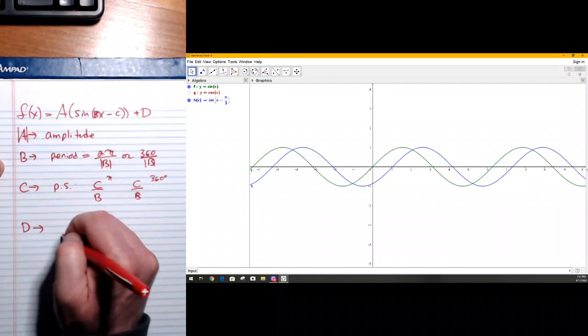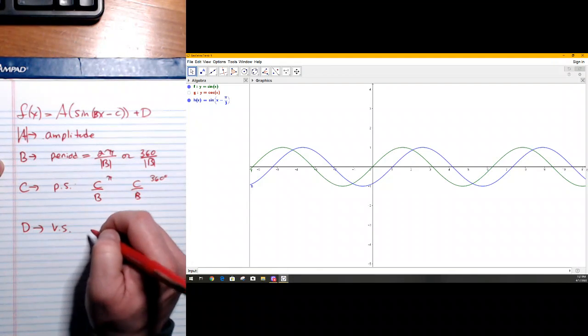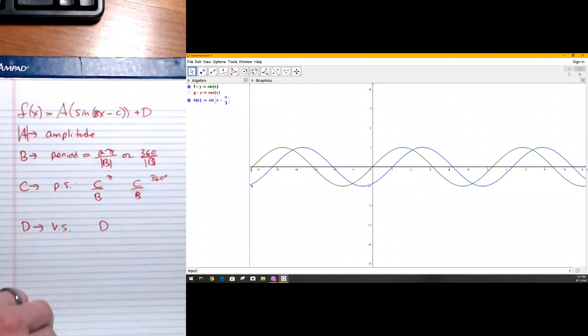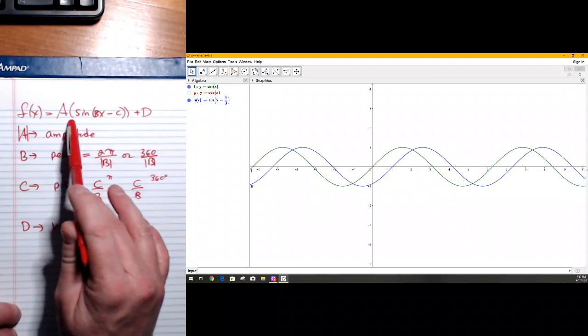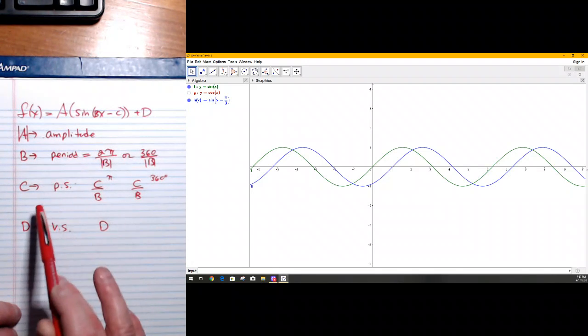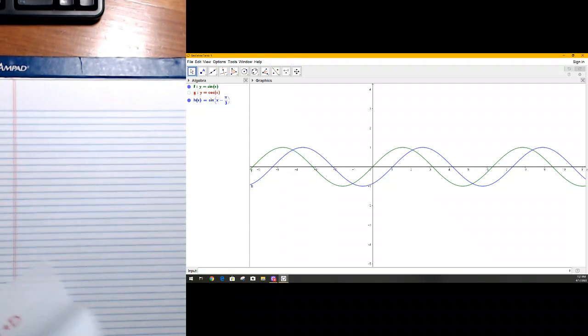D represents our vertical shift. And that's just going to be our value of D. That's easy to pick out. Okay, so you want to look at this, and you want to be able to look at this equation and find your amplitude, your period, your phase shift, and your vertical shift.